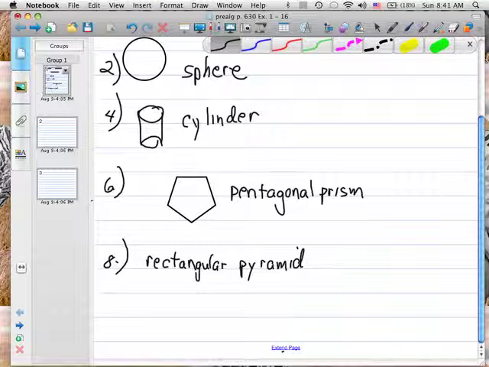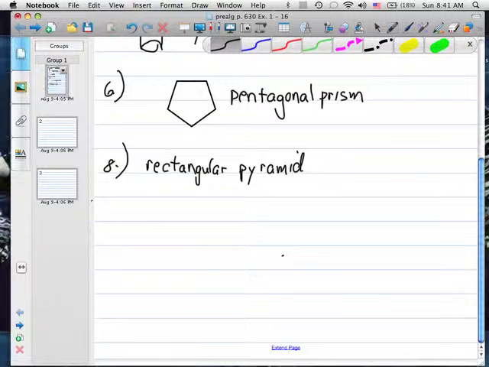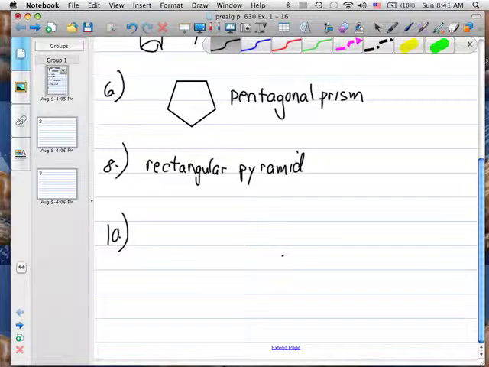In the next section, learning how to draw space figures can help you visualize them better. The diagram shows you how to do that using the dashes and so on. So number 10, they want us to draw a triangular prism.